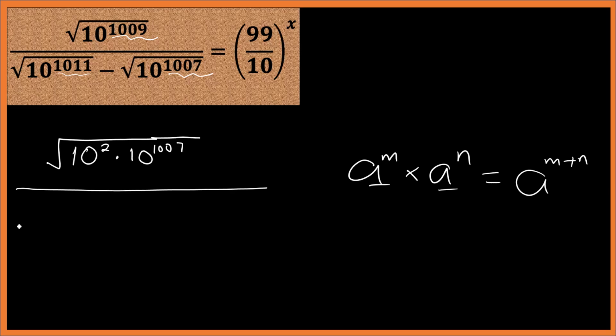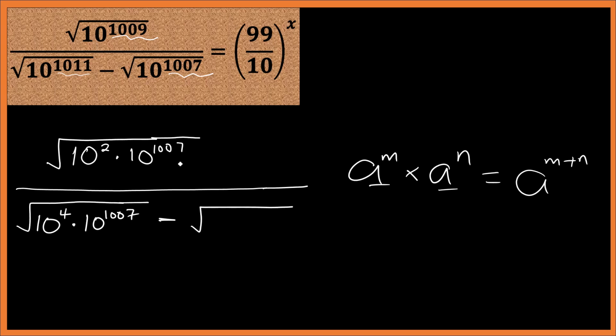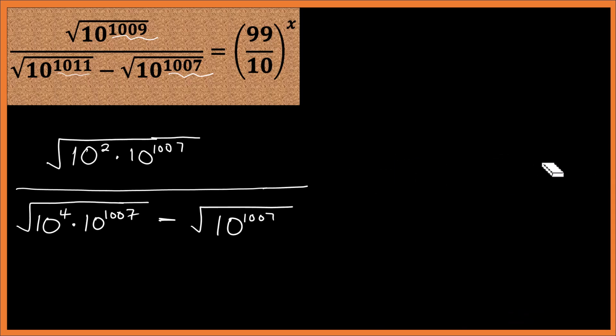So I'll get 10 raised to 4 times 10 raised to 1007, minus 10 raised to 1007, equals 99 on 10 raised to x. All right, so let's solve for this one and then equate it to this.